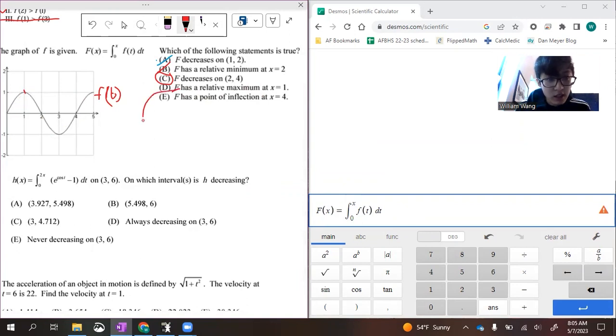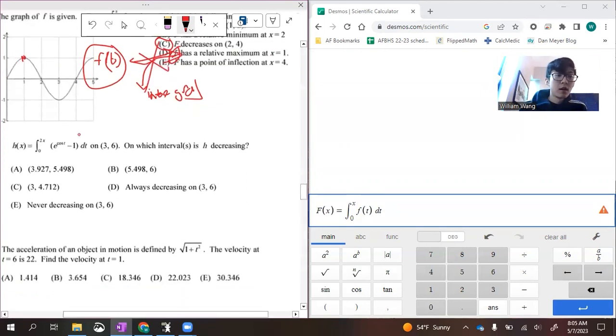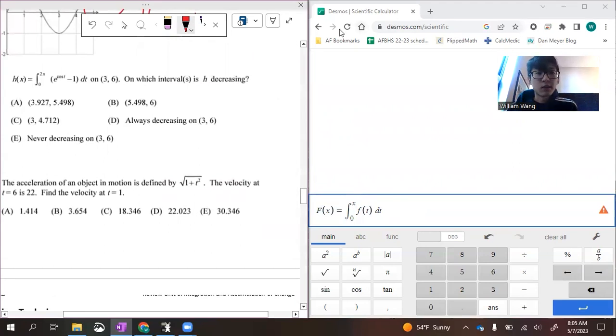So integral, not just straight up, there's a maximum there. No, these are not the same graph. F of t and F right here, these are not the same. So there's not a maximum at 1. All right, hopefully that makes sense.